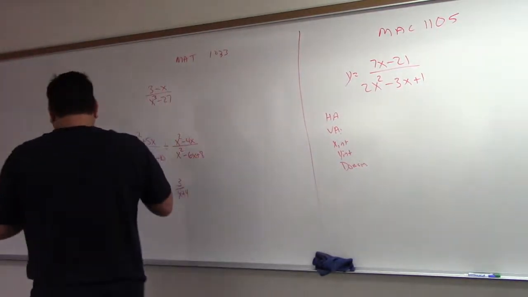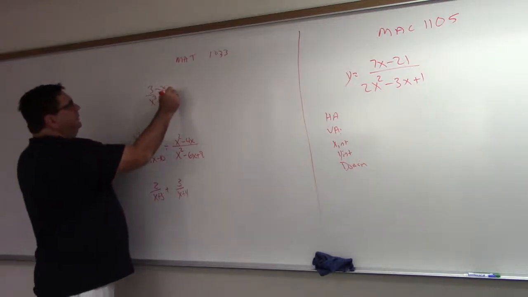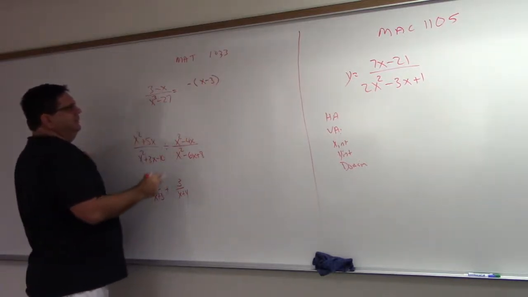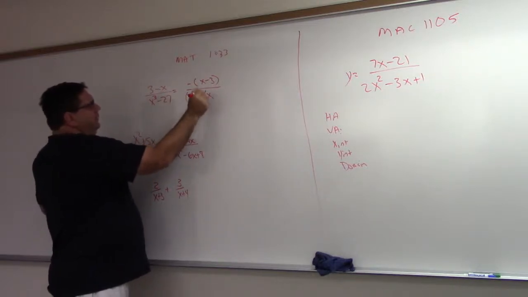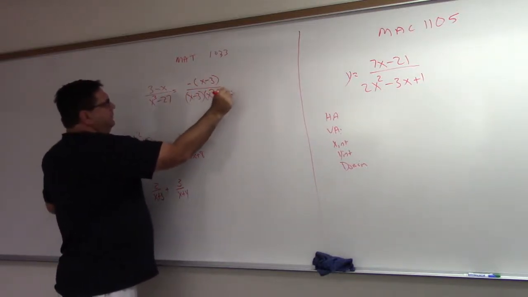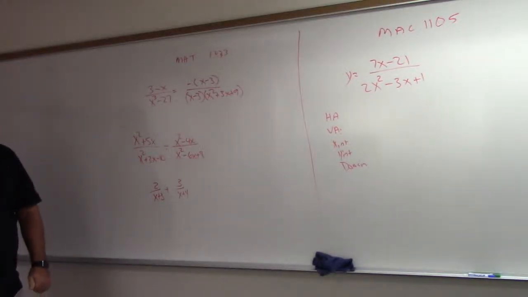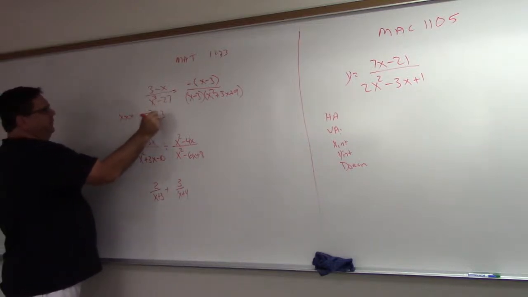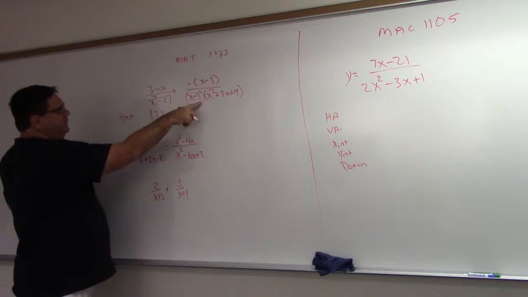All right, Greg, you ready? Yeah. All right, so here's what we got. We're going to take out a negative. We're going to get x minus 3. Factor in the bottom, we got x minus 3, and then x squared plus 3x plus 9. That is the difference of two cubes. Again, cubes are done by x, 3, 3, 3. Stealing 1, that's the x minus 3 you see here.